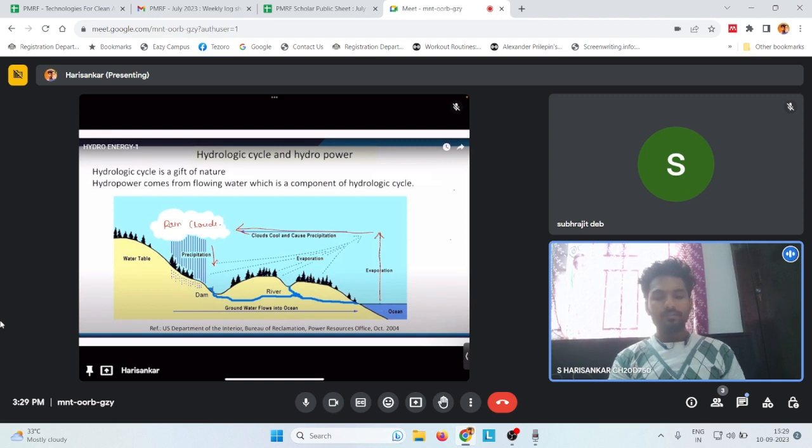This is called the hydrologic cycle. We have learned this in our school days. Basically we'll be putting this cycle to use to produce hydrologic energy.